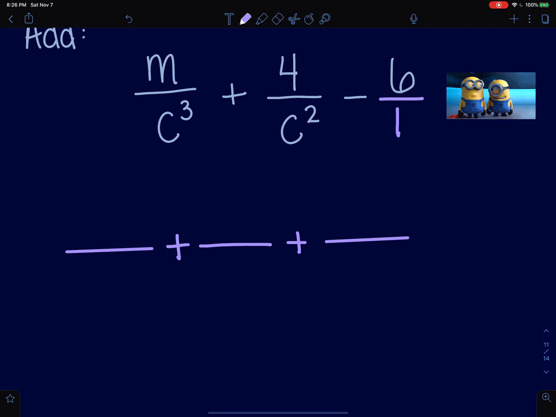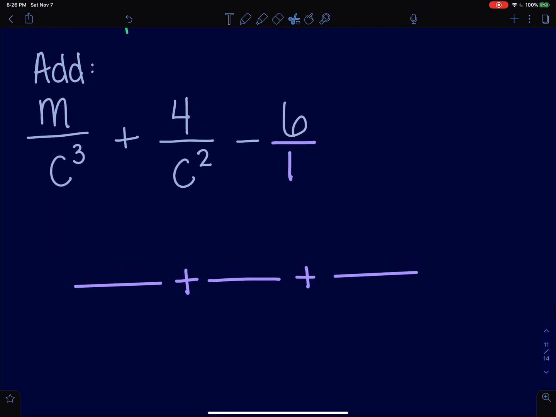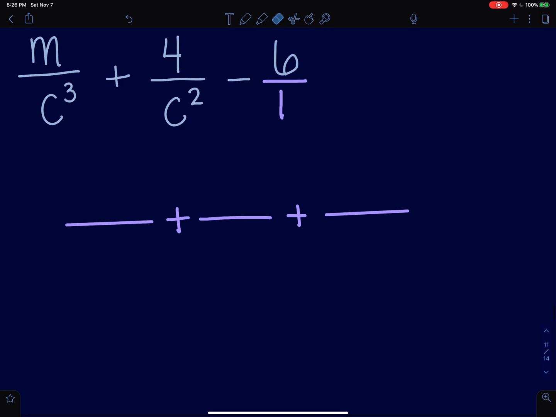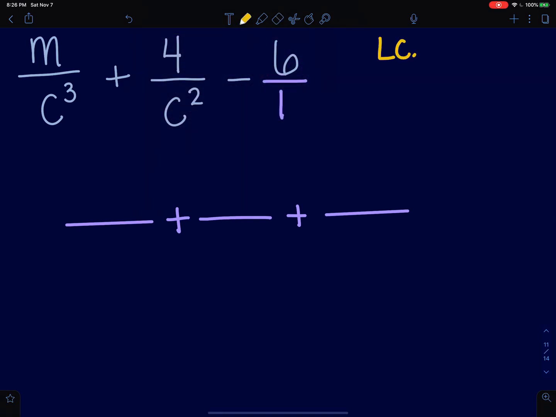What goes on the denominator? I'm going to get rid of these because I need the space, and I'm going to move this over because I need the space. Okay, so we need the LCM on the bottom. Now the LCM, we might have to figure this one out because this is going to be CCC, this is going to be CC, and this is just 1.